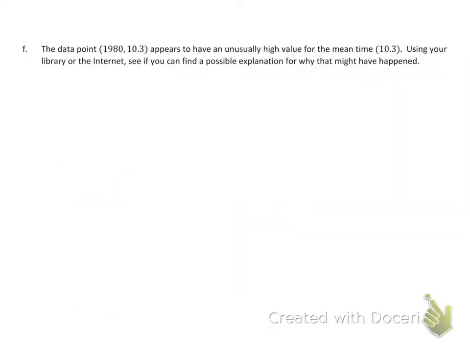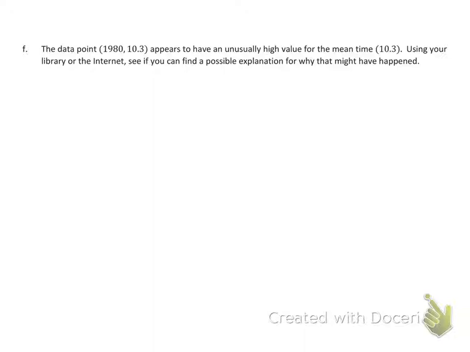And here's a little bit of Olympic history for you. The data point 1980 and 10.3 appears to have an unusually high value for the mean time, 10.3 seconds. Using your library or the internet, see if you can find a possible explanation for why that might have happened.